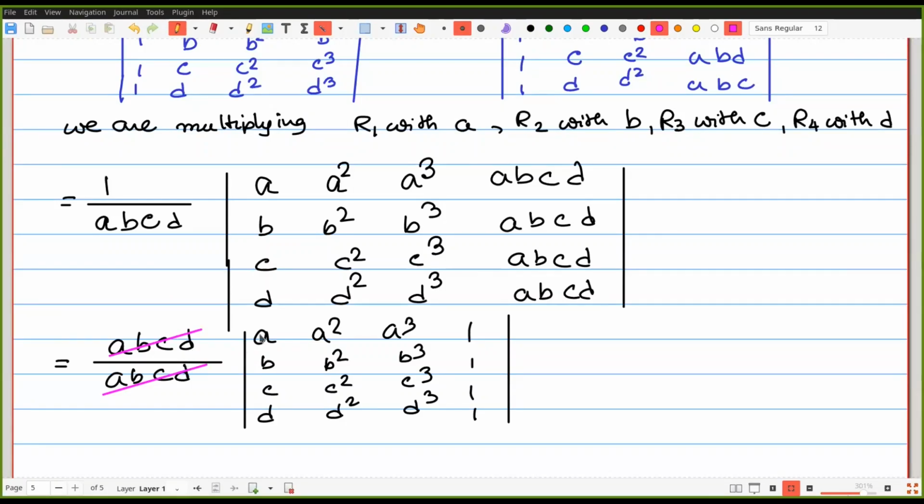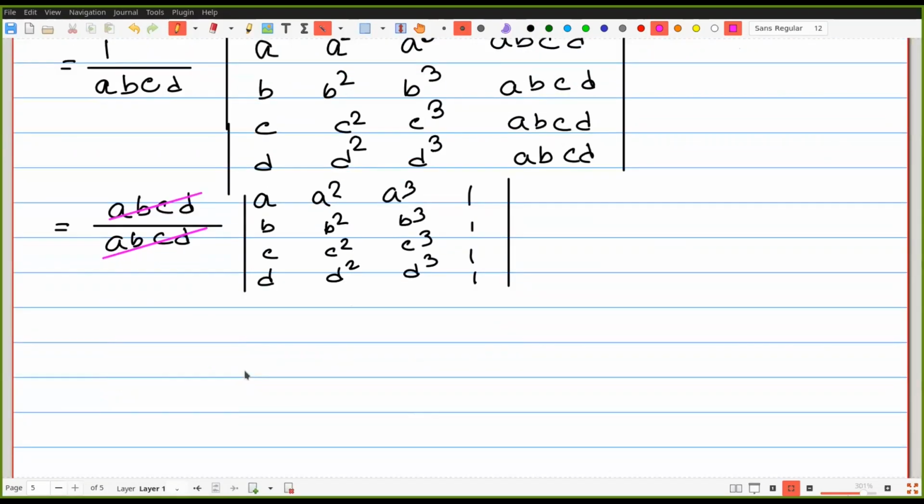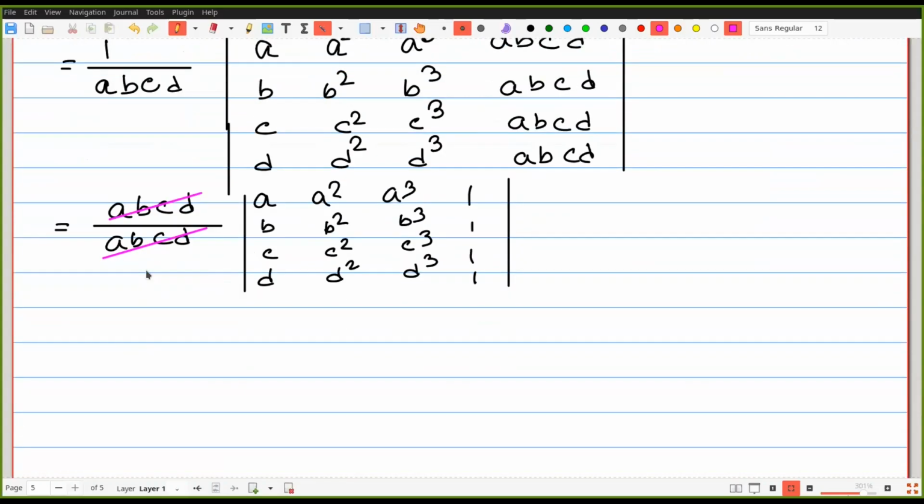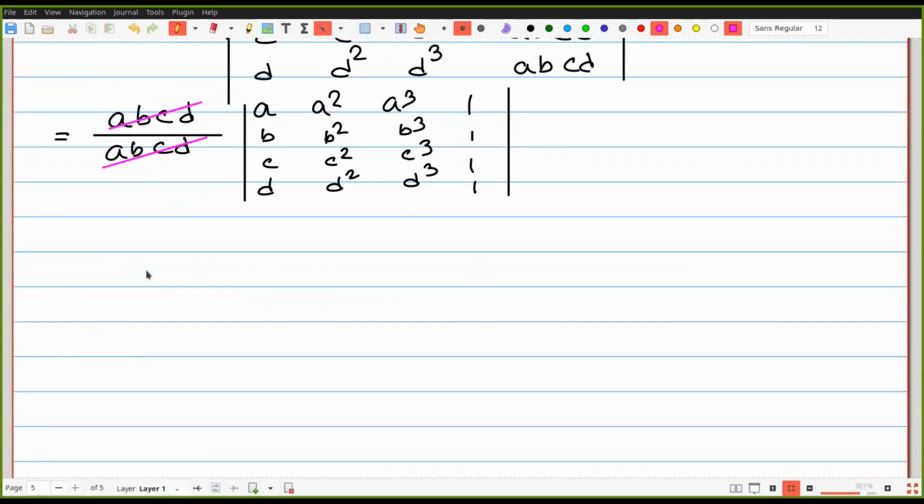Now look at the delta 2 and delta 1. It is looking like same, but not. If we consider the delta 1, the first column is 1, 1, 1, 1. The other columns are ABCD, A square, B square, C square, D square, A cube, B cube, C cube, D cube. Here, the fourth column is 1. So at first, we can interchange column 1 and column 4.